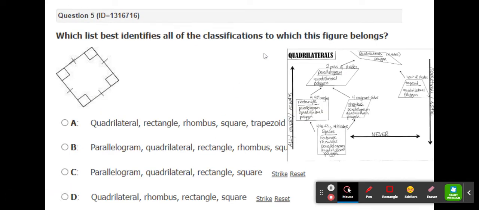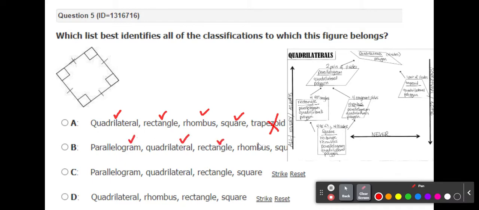Question 5, which list best identifies all the classifications to which this figure belongs? So it looks like there's four equal sides. It looks like there's four 90-degree angles. It's definitely got four sides, so it's a quadrilateral. A rectangle needs four 90-degree angles, so we can call it that. We can call it a rhombus because it has four equal sides. We can call it a square, but we cannot call it a trapezoid. So parallelogram, yes. Quadrilateral, yes. Rectangle, yes. Rhombus, yes.